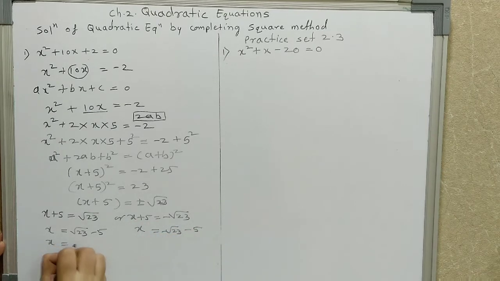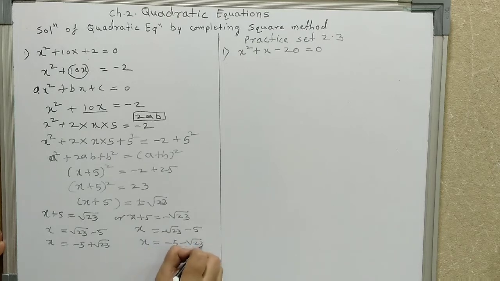We can also write this as x = -5 + √23 and x = -5 - √23. So -5 + √23 and -5 - √23 are the roots of the quadratic equation.